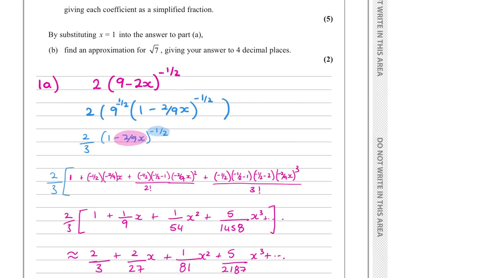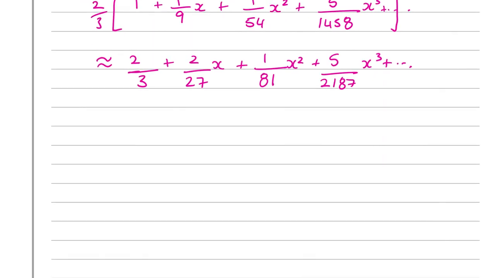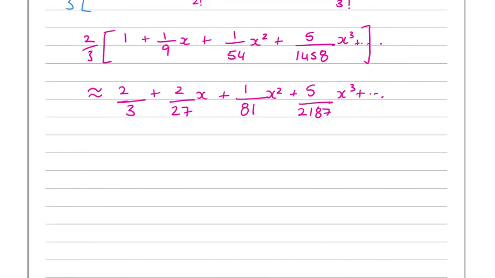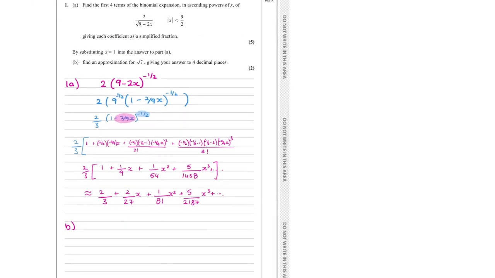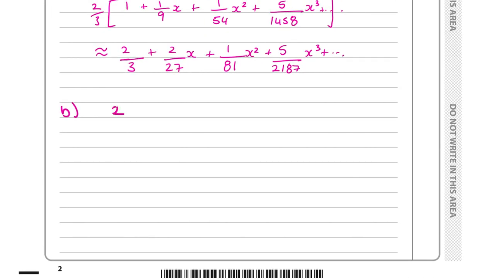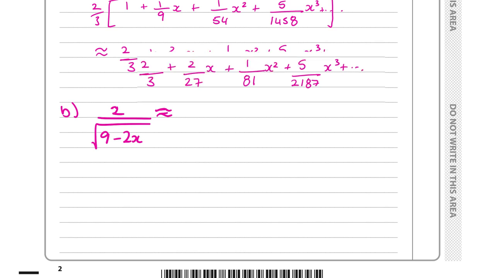And then it says by substituting x equals 1 into the expansion in part A, find an approximation for root 7. So technically, what I'm now going to do in part B is I know that 2 over the square root of 9 minus 2x equals roughly this.